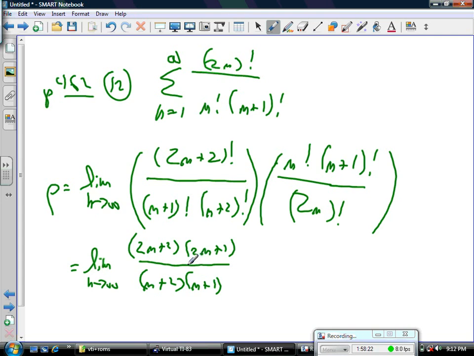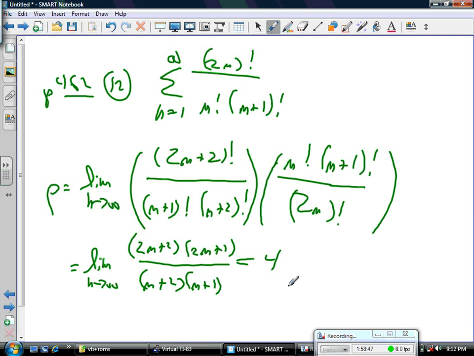That's L'Hopital's rule. What is the leading coefficient if we FOIL this out? 2n times 2n is 4n squared. What is it on the bottom? N squared. What's 4n squared over n squared? 4. So you get a limit of 4.